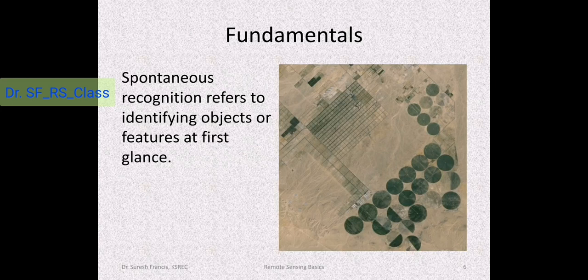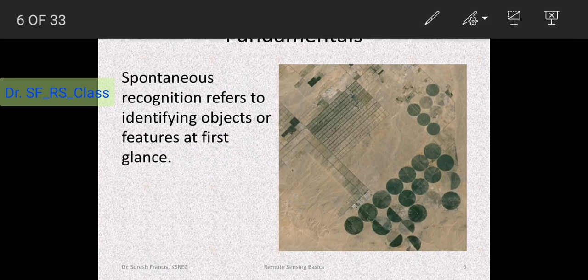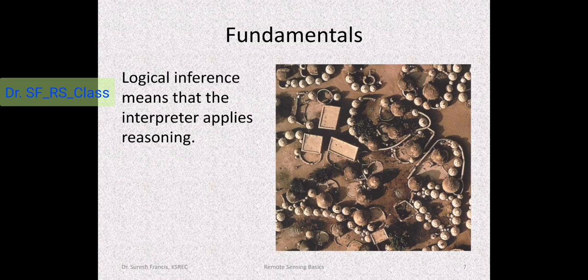All these things can be immediately identified, and the other area is basically desert. And in the case of logical reasoning and logical inferences, you can see here it's not an earth surface feature, it's something man-made, so that can be linked with the association and other characteristics. We can make some logical inferences from the image in front of you.